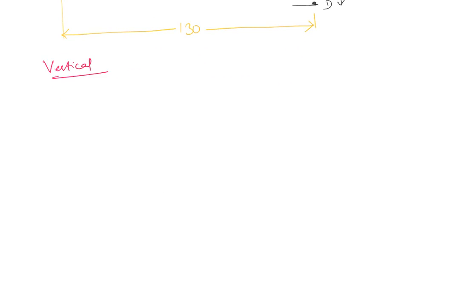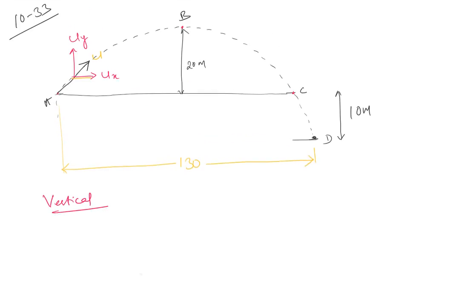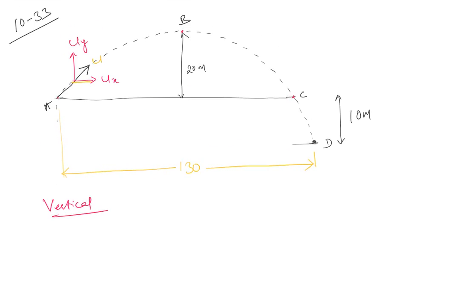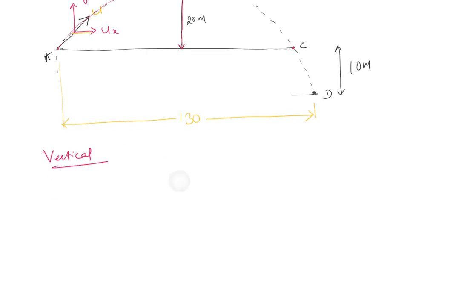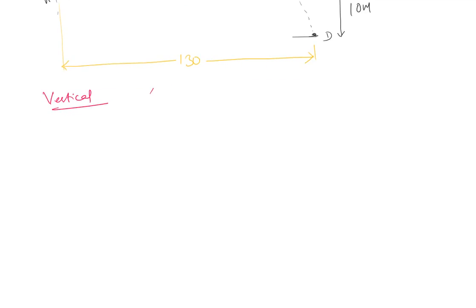So in the vertical, we're talking about the first leg of the journey, going from here all the way to here. It has gone 20 meters up. Irrespective of the path, the vertical displacement is 20 meters. So I'll write sy is 20 meters.